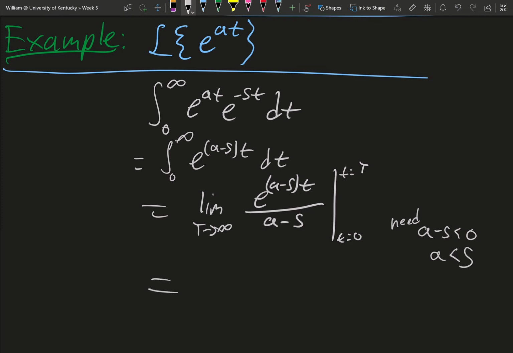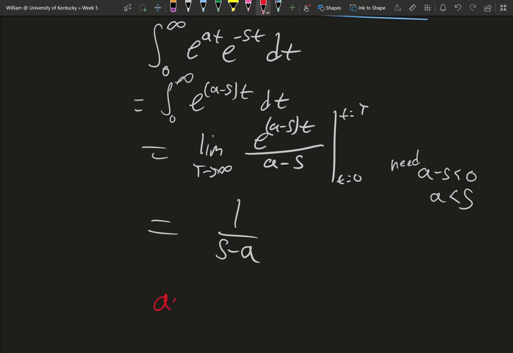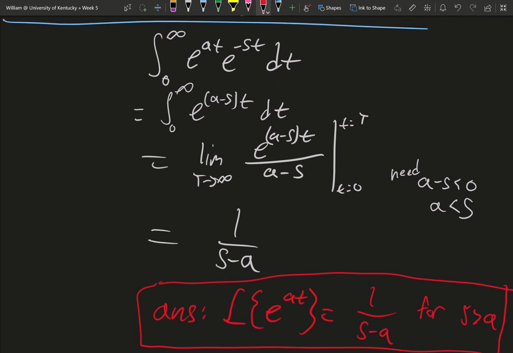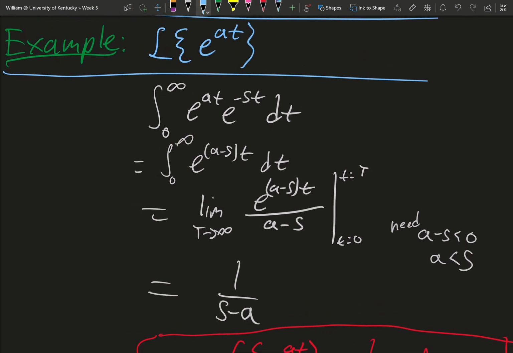And if we do, then what we'll get is just 1 over s minus a. So our answer is the Laplace transform of e to the at equals 1 over s minus a, and this is only valid when s is greater than a. So this is a nice general formula.